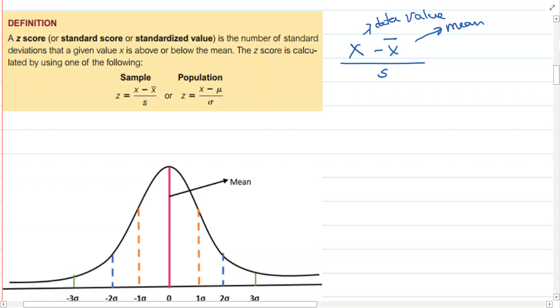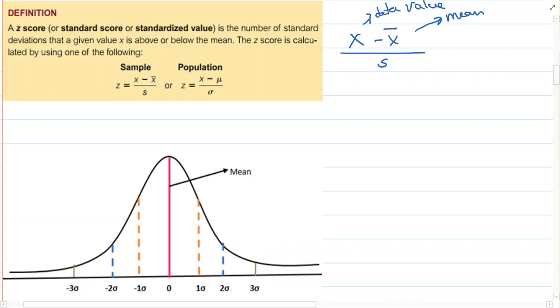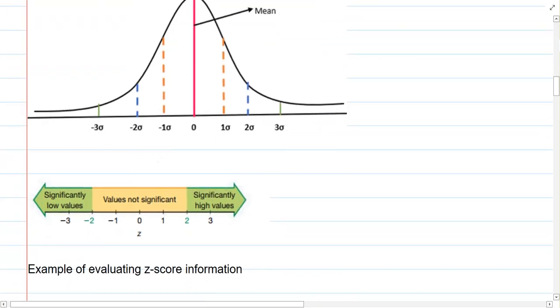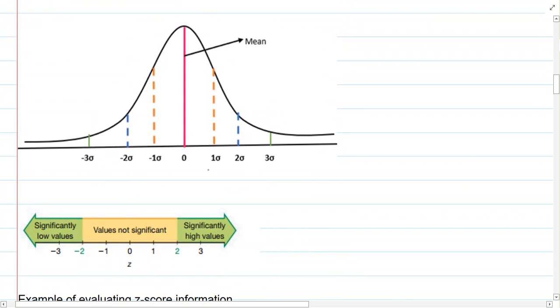All right, so I've gotten this off of the internet because this shows the general form: 0, 1, 2, 3, -1, -2, -3. And you can understand that the most center place where it's symmetric is the mean.